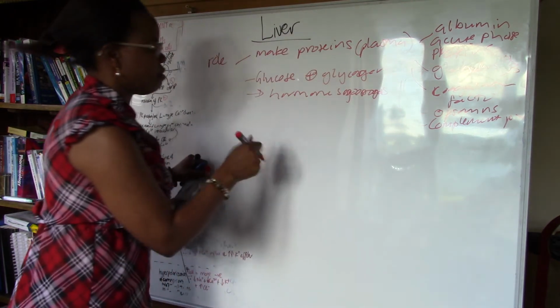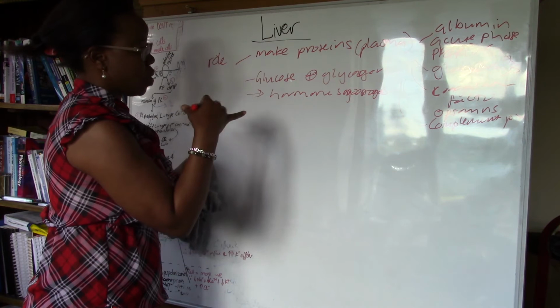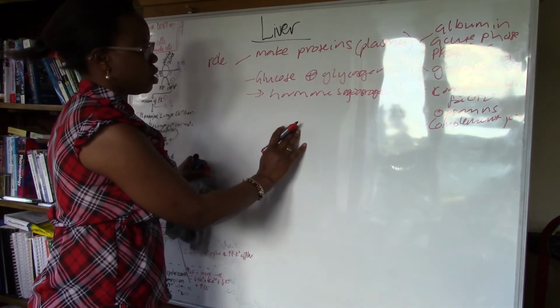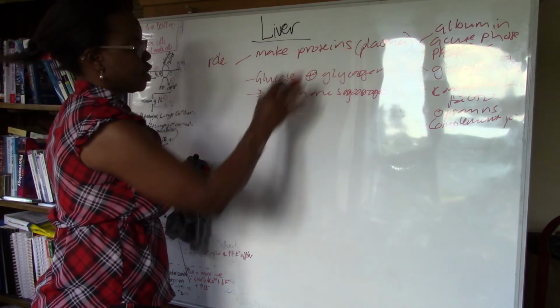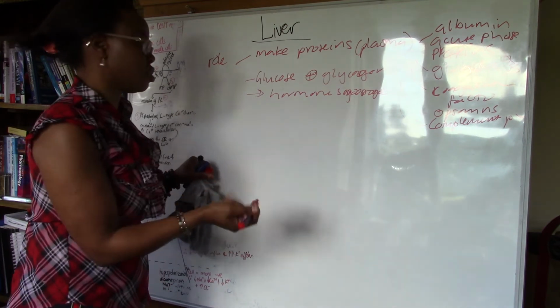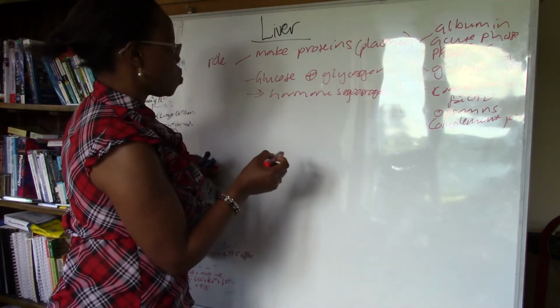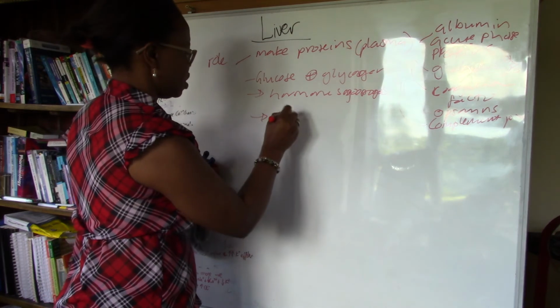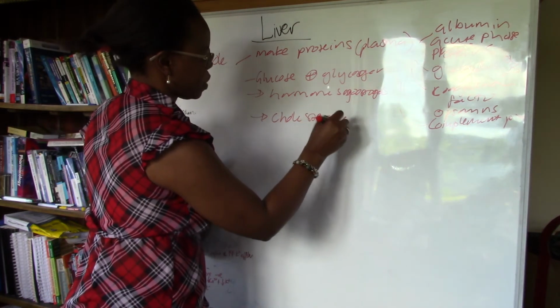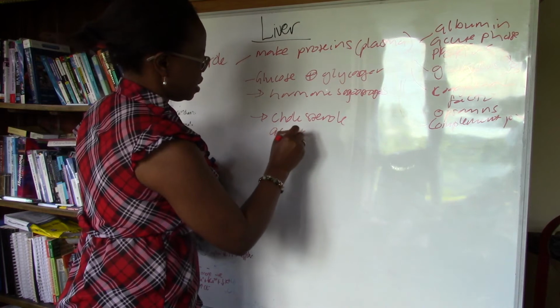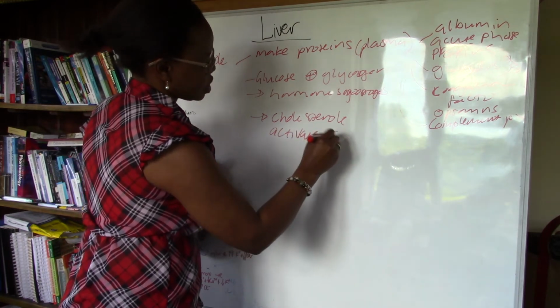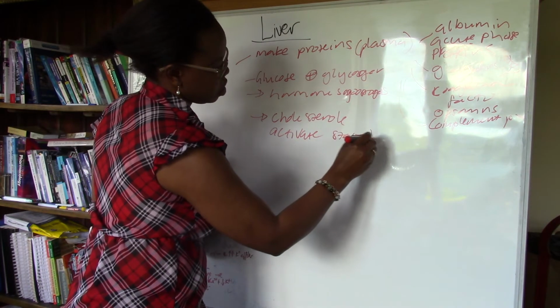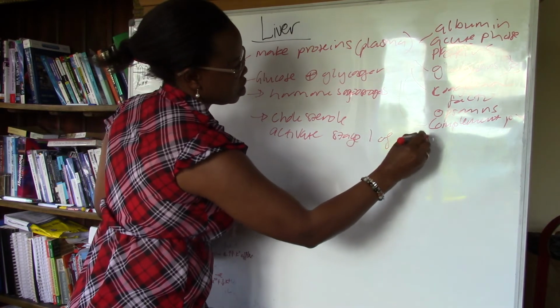I'm not really going to cover this a lot because this is not the focus of the functional aspects, but the structure of the liver. It will also make cholesterol, and activate vitamin D, stage 1, shall we say, of vitamin D.